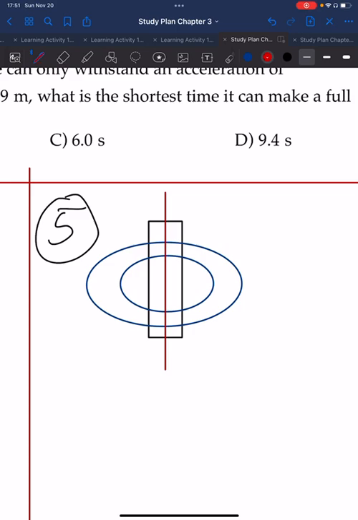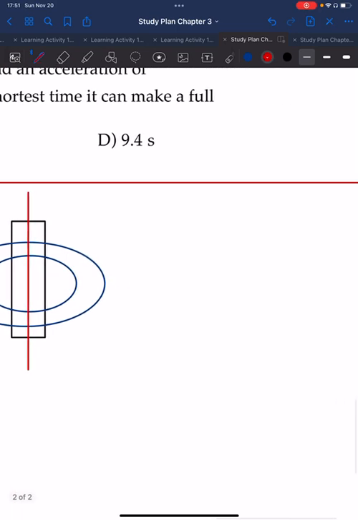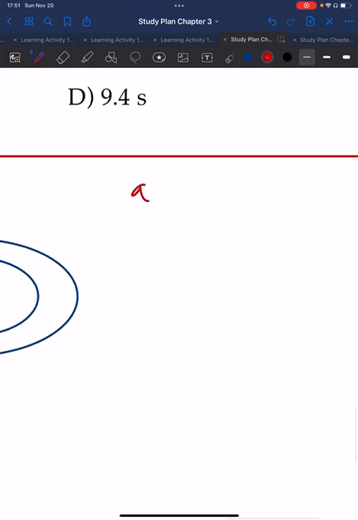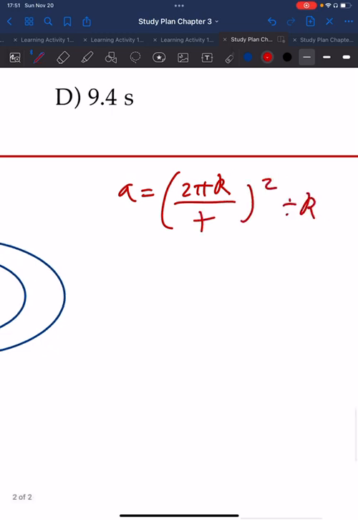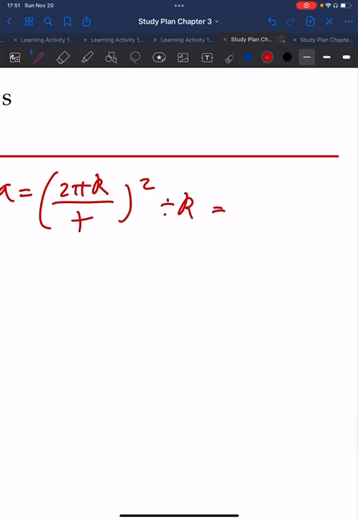It is an acceleration of 2 pi r over t, divided by r, which is t squared equals 4 pi squared r over a, which we plug in the values for.